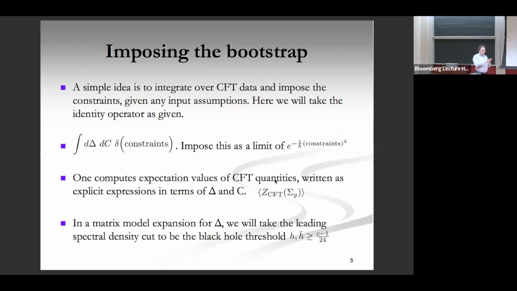And so if we impose just those constraints, that's the full list, at least in 2D. In higher D, we're less sure. 4-point crossing is certainly a constraint on local operators, but maybe there are some other constraints on line operators, so we don't know what they all are precisely. So we're going to stick to 2D CFT. If we impose all the constraints, we have an actual CFT. So in principle, this is some kind of sum and integral that localizes to a sum and integral over the actual CFTs.